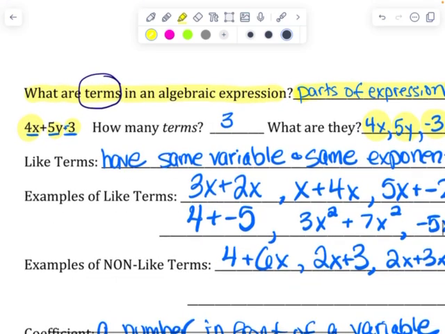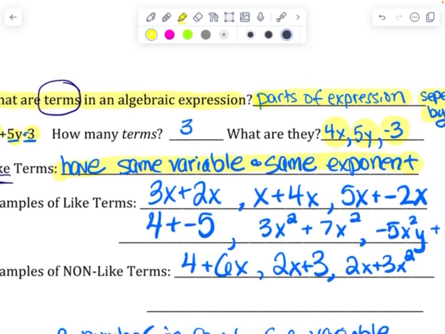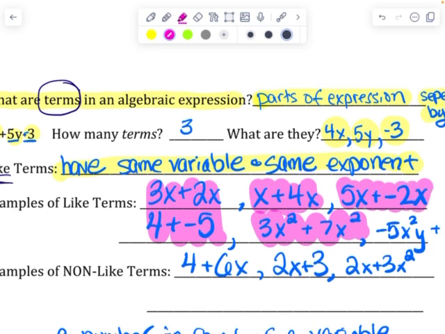Like terms. When we talk about like terms, they have the same variable and the same exponent. Take a minute, copy that down. Right here, and I'll highlight these in pink, these are all examples of like terms. 5x plus -2x.